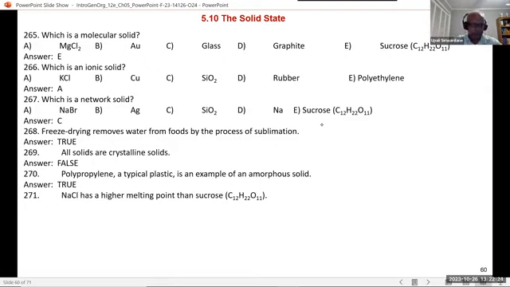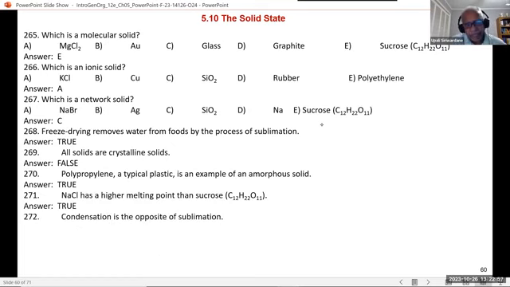If you heat sodium chloride, salt, it won't melt, but the sugar will melt and make caramel. If you heat regular sugar, it becomes caramelized. That's the true statement.